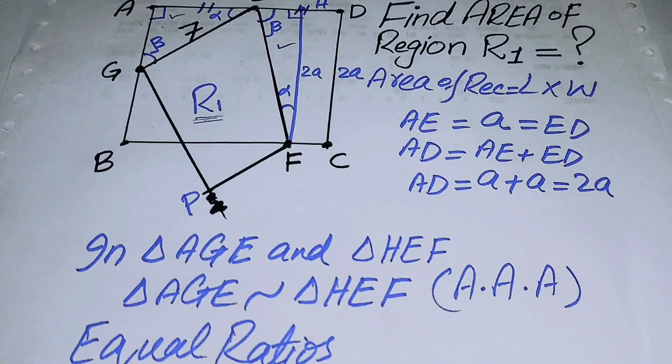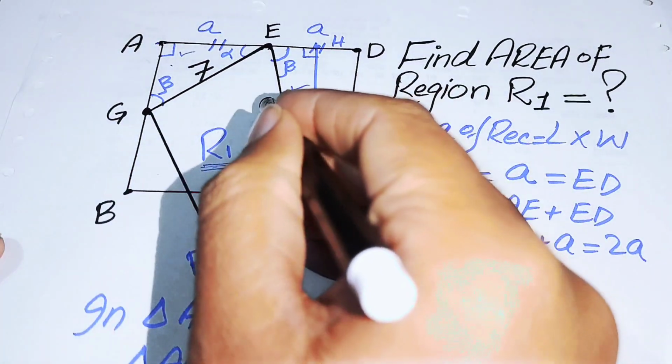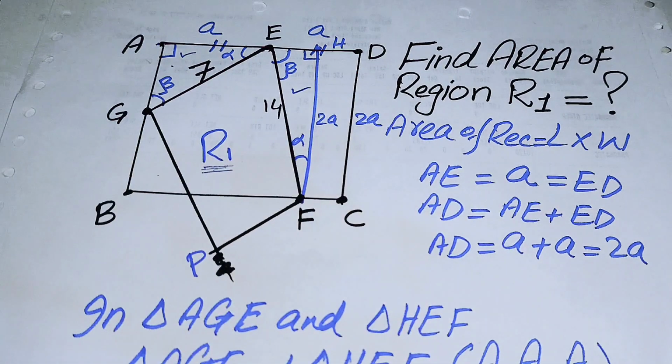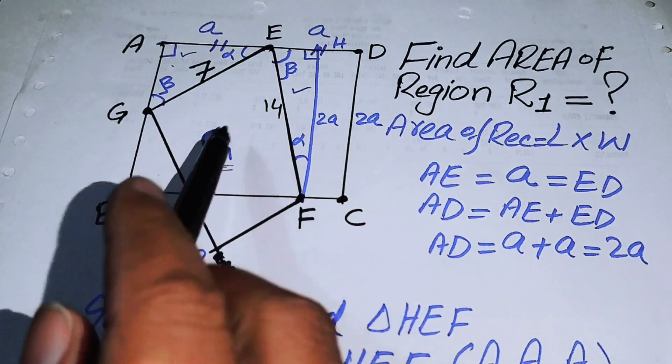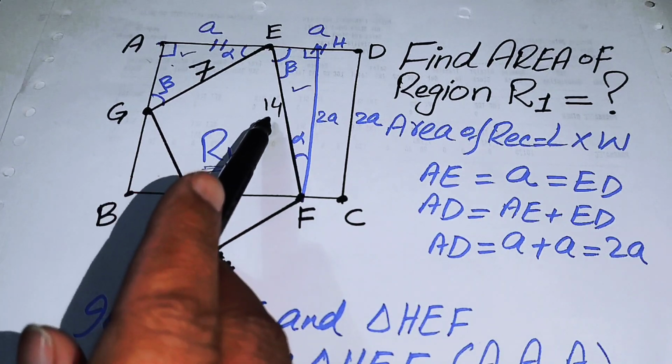So the length of EF will be 14. Because in this question we need to find the area of the rectangle, the length of this rectangle is 7 and the width is 14.